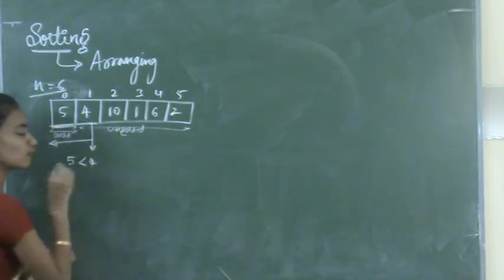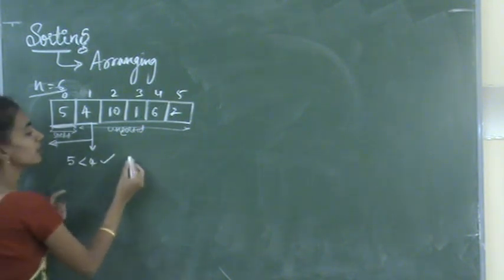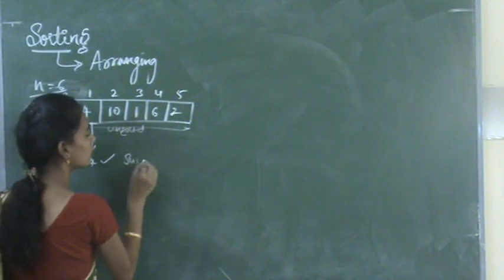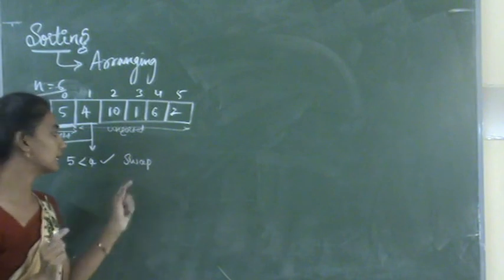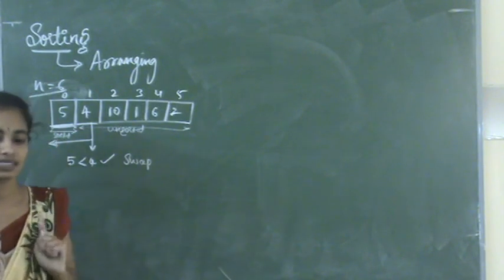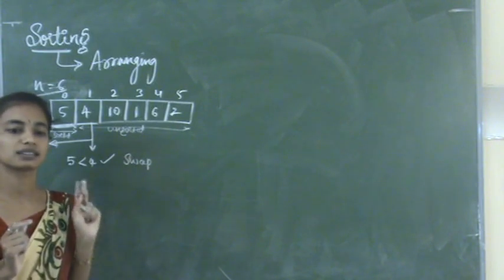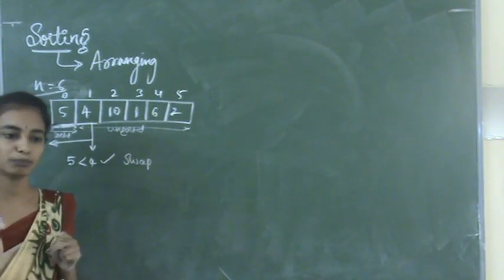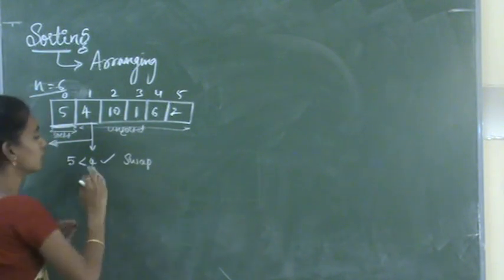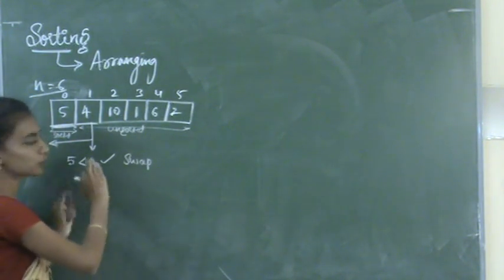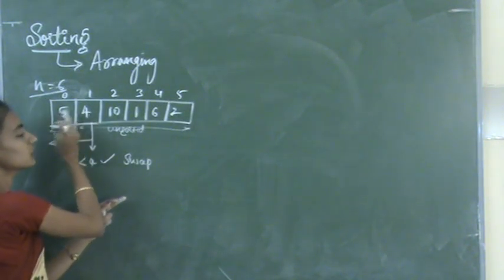Now it will compare: 5 is less than 4? Yes, true. If it is true, we use the swapping algorithm. Do you remember swapping from the first program of first year, interchanging variables using a third variable? We use temp to interchange the values. The same concept is used to swap two numbers.